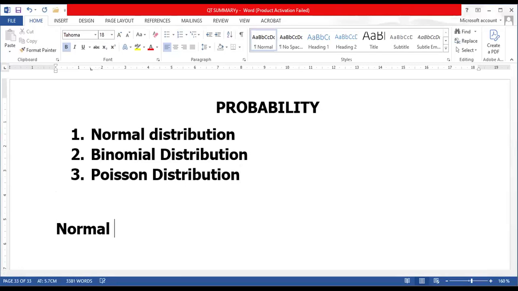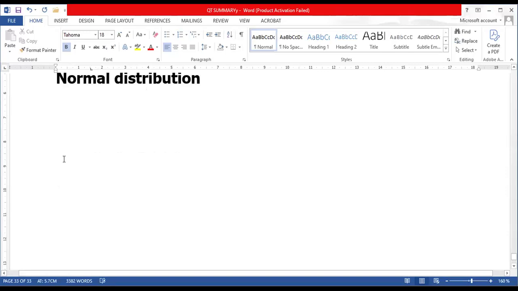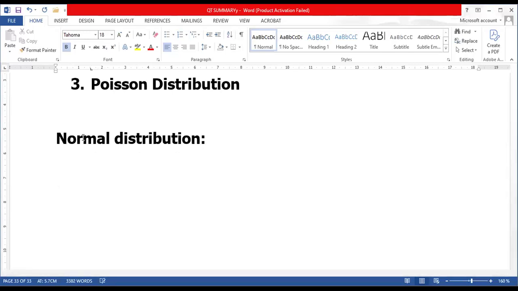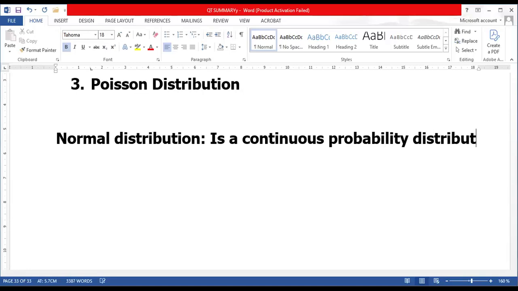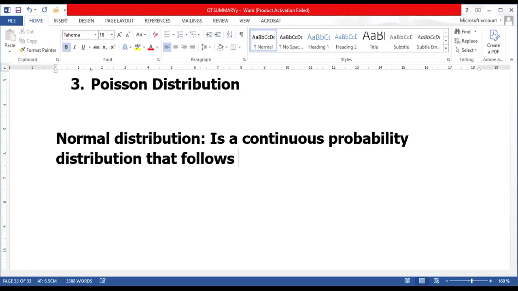Normal distribution is a continuous probability distribution that follows a bell-shaped curve.